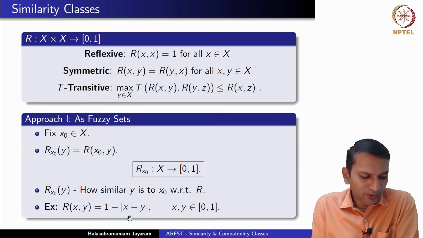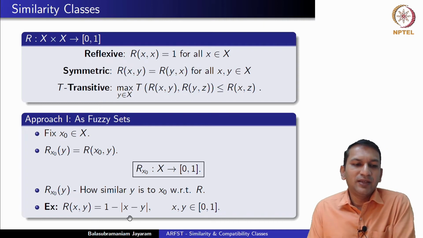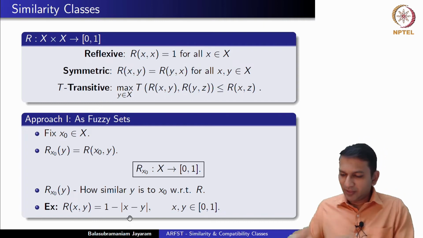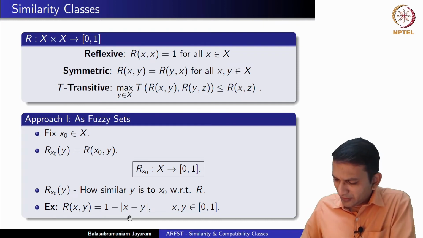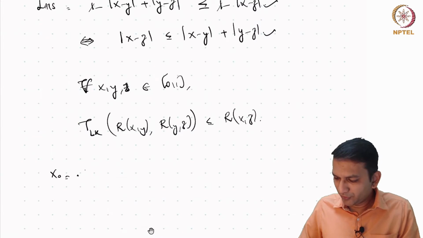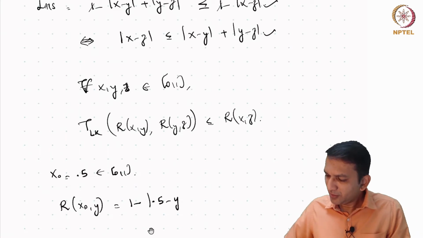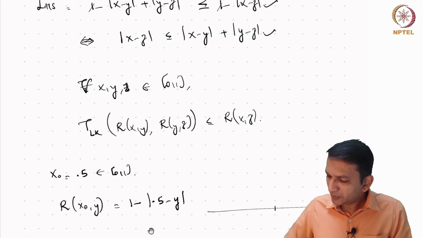Now, why did we go to such lengths to show that this is in fact a similarity relation? Think of this. Let's fix x0 to be 0.5, which belongs to [0,1], and look at what is R of x0 comma y. This is nothing but 1 minus mod 0.5 minus y. Now, how would it look? So, this is 0, 1, this is 0.5.